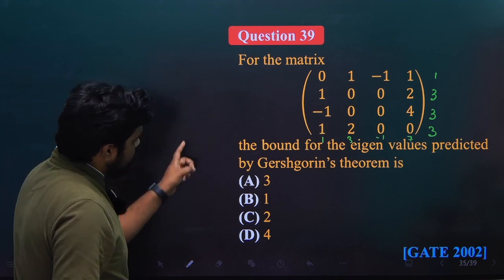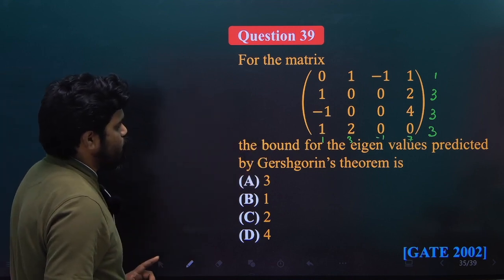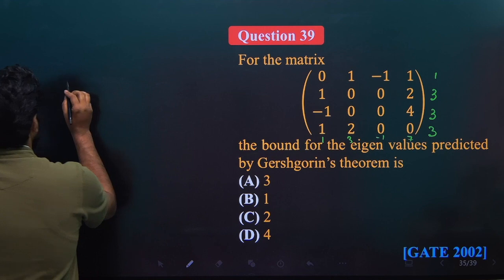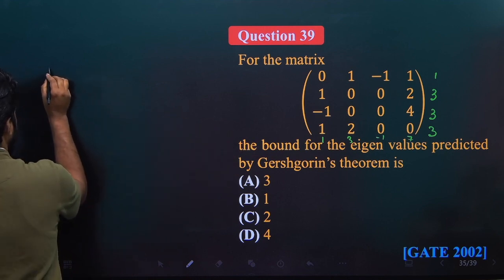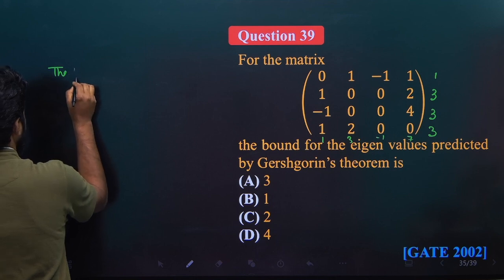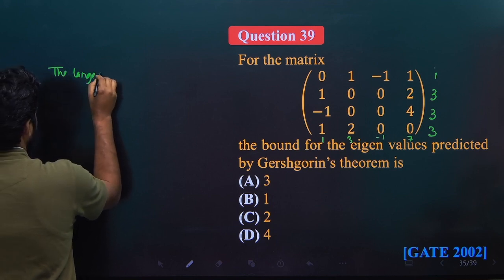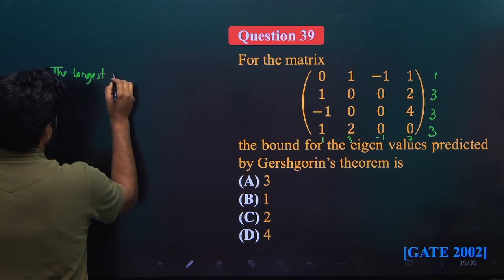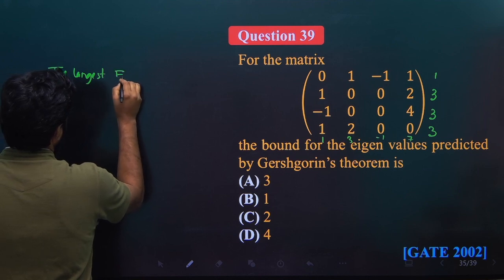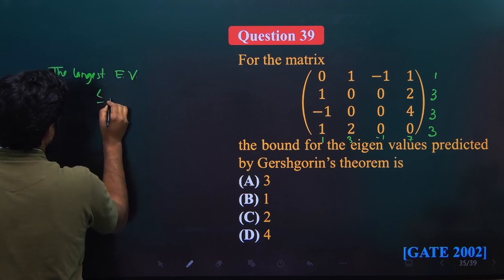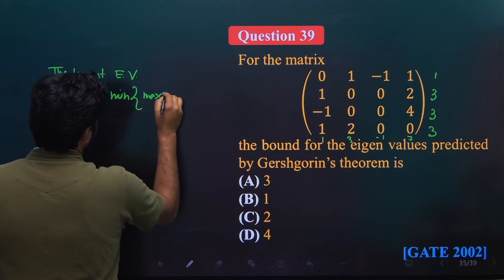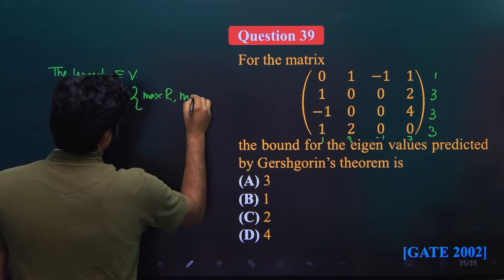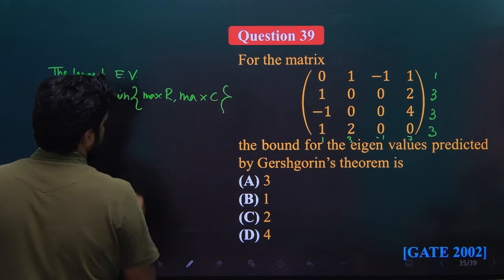For the matrix, this is the bound for the eigenvalues by Gershgorin theorem, that is, the largest eigenvalue. So this is less than or equal to the minimum of max R, max C.